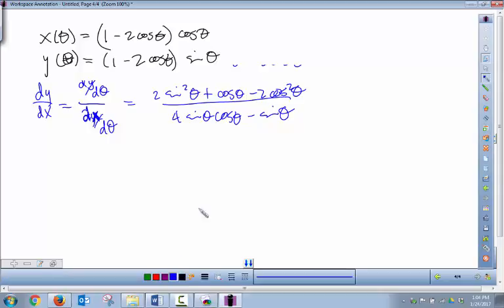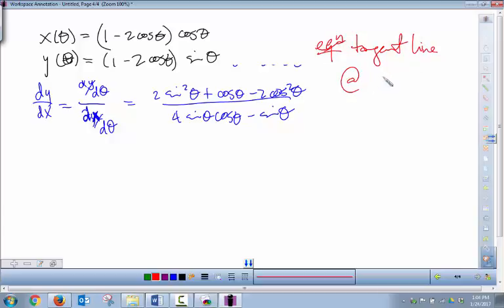Okay, so we're making up a problem here. What's the equation of the tangent line at theta equal to pi over 4? Basically, what do we need for an equation of a line?